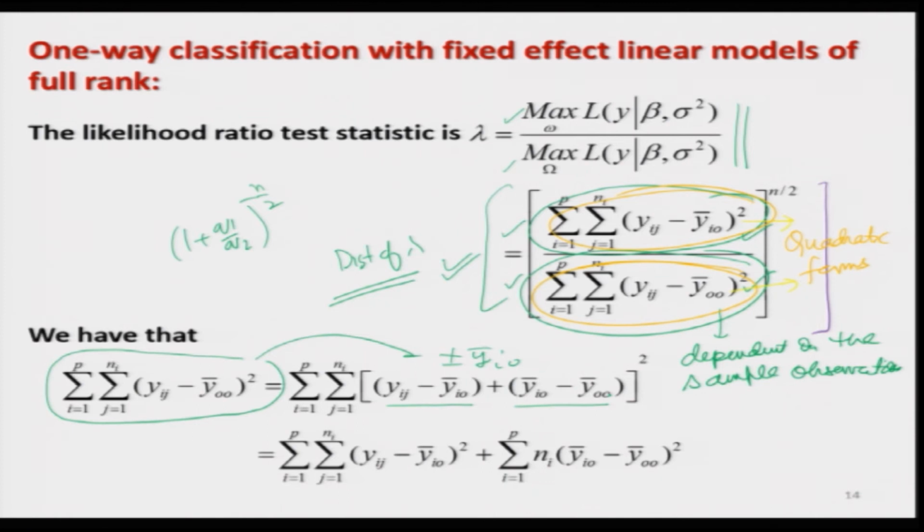If you open it, this will come out to be double summation y_ij minus y bar i naught whole square plus summation over i of n_i times y bar i naught minus y bar naught naught whole square, plus there will be a cross product term. But if you simplify that term, this will become 0, so that is why I am not writing it on the slide.